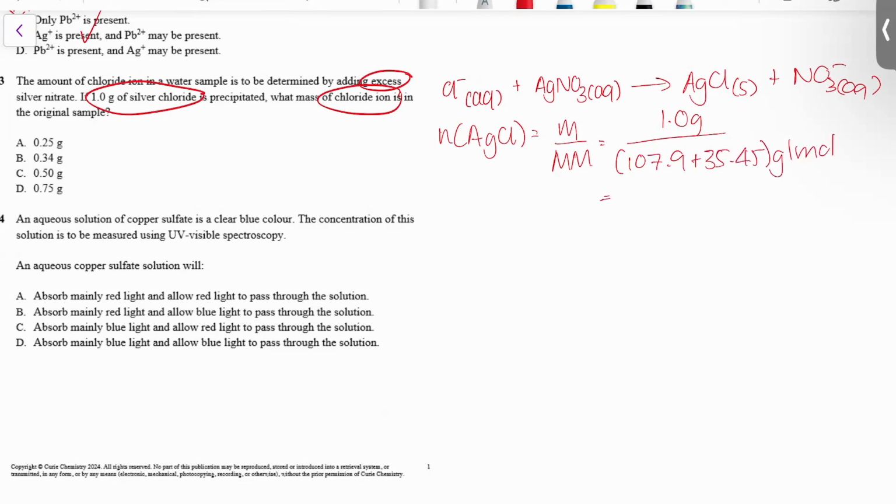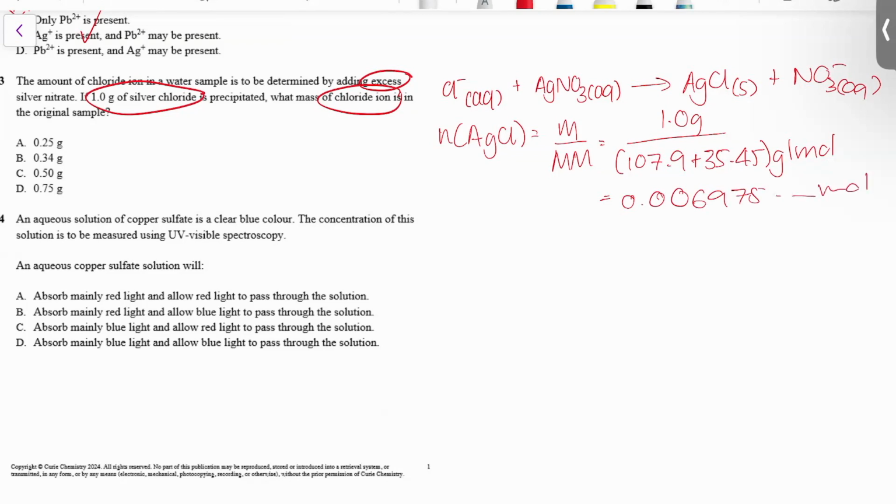What do we get for the moles of silver chloride, please? 0.006975 mole.